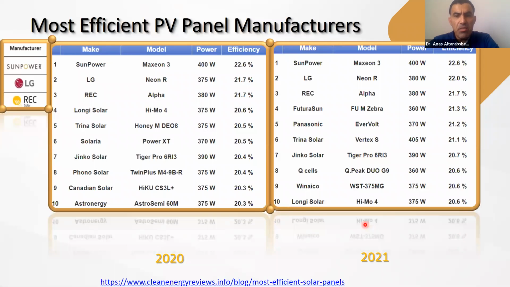So the message behind this slide is that to buy PV modules, we have to consult with good companies. As we see here, some companies were good last year, but this year they are not in the list. For SunPower, the highest efficiency reached about 22.6% for a module that generates about 400 watt.